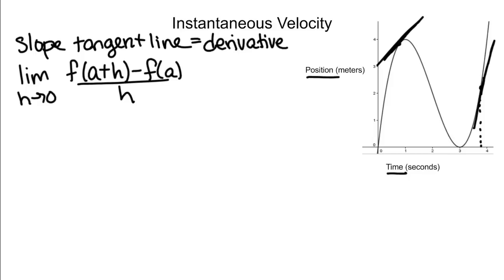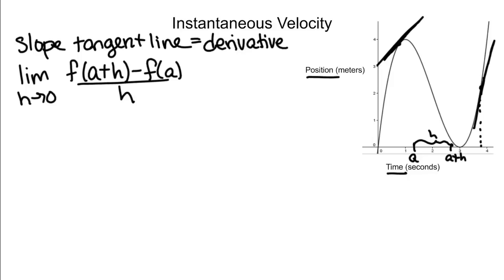And remember that our h is a distance, so if we have a point a down here, then this would be a plus h if this distance right here is h.